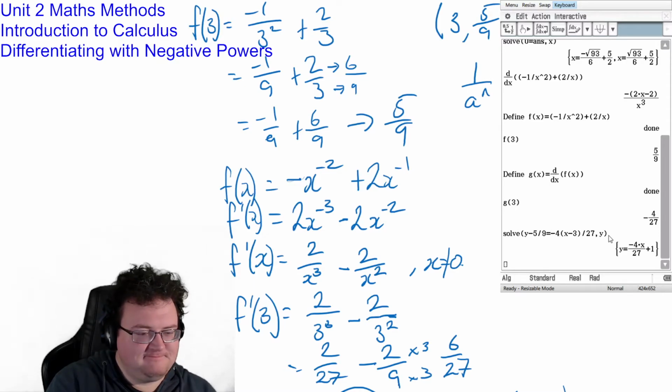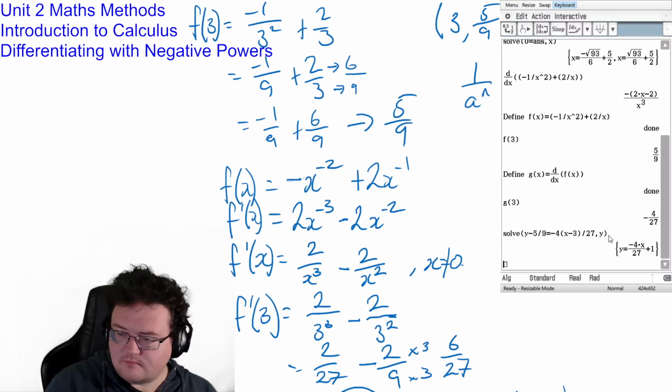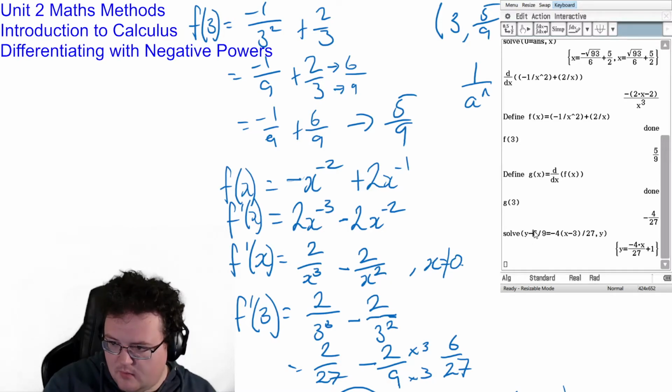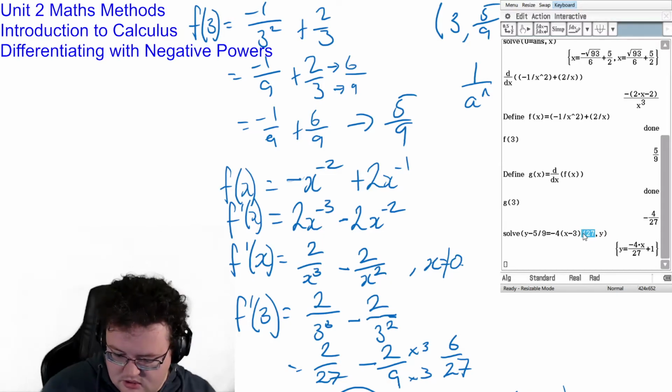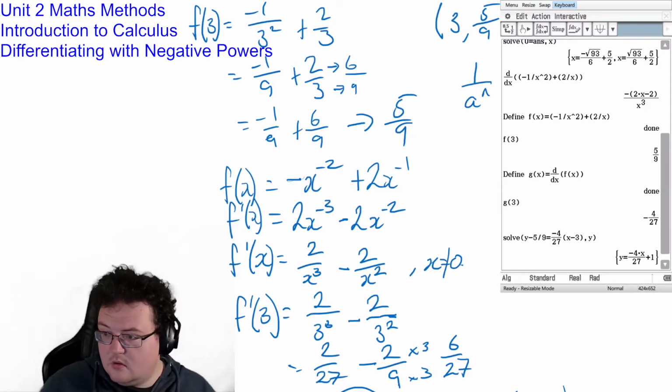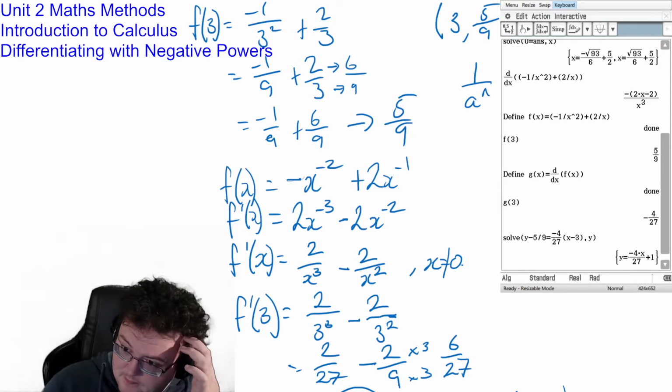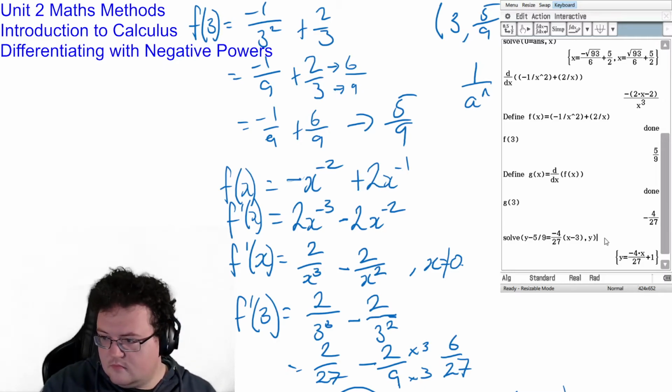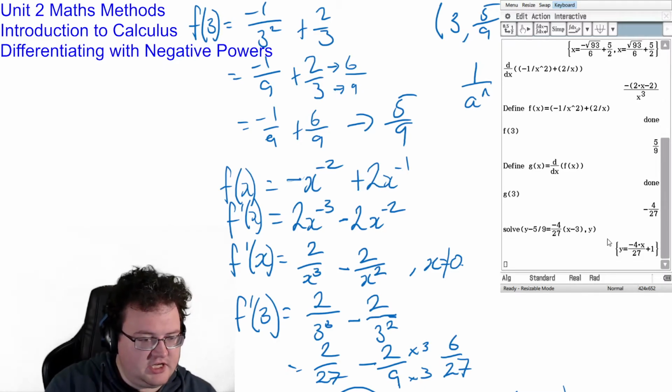Surprise! So what I've got in here is y minus y1. I've got m written there, the minus 4 over 27, and then I've got the x minus 3. So to make it a little clearer so that you guys can see where the fraction is, there's the 27 there. And if I hit enter on it, the answer still doesn't change.